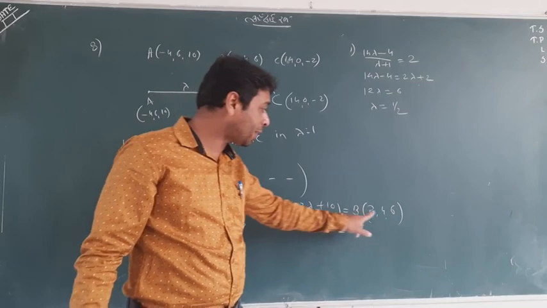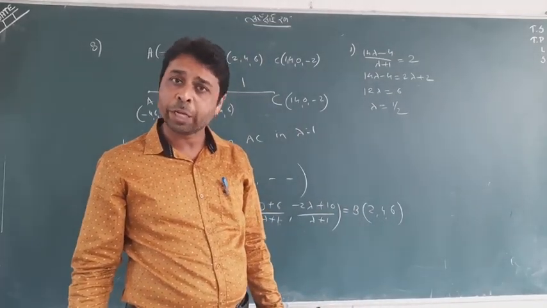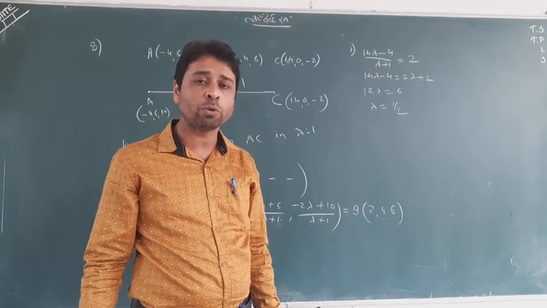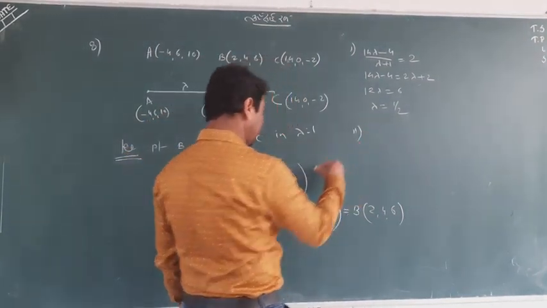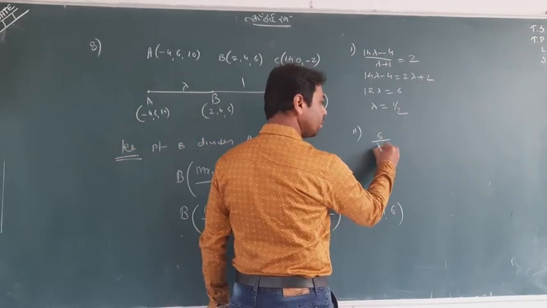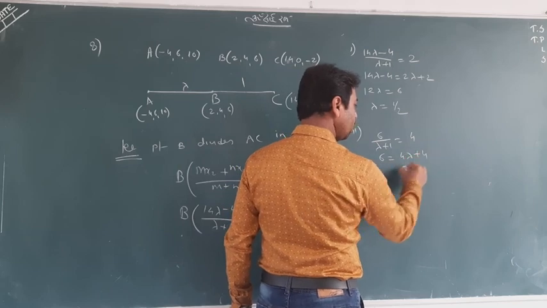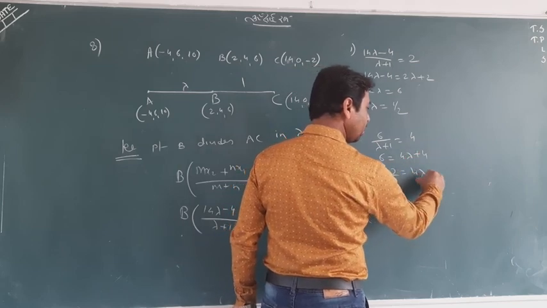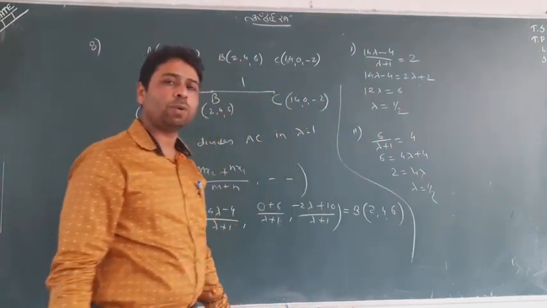In the second comparison, if you suppose you do not get the same lambda, it means that lambda equal to 1 by 2 is not a proper value. Again, I say one thing. Second comparing, guys, 6 upon lambda plus 1 equal to 4, 6 equals 4 lambda plus 4, 2 is equal to 4 lambda, lambda is equal to 1 by 2. Wow, we have got lambda equal to 1 by 2 in both cases.